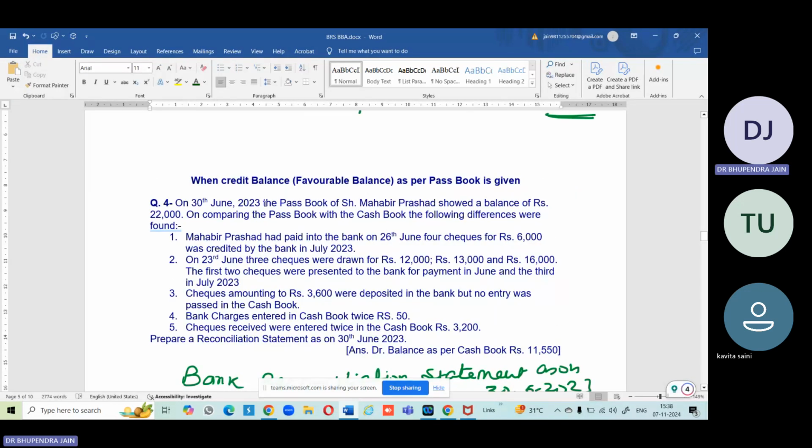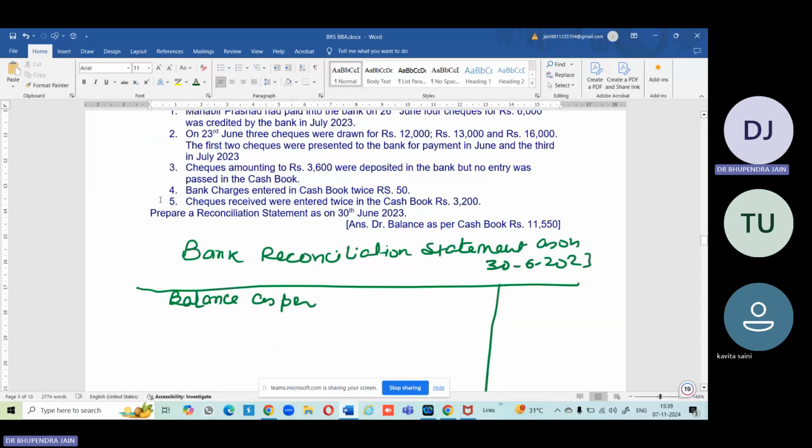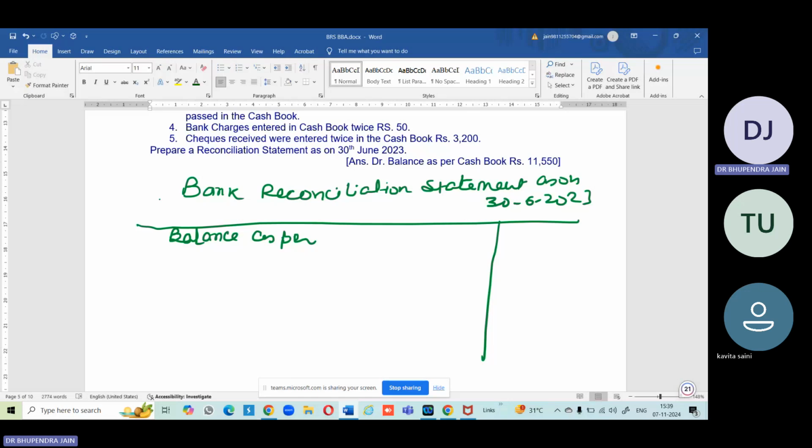On 30th June 2023, the passbook of Sri Mahavir Prasad shows a balance of rupees 22,000. So balance as per passbook. Now all the things we are considering in respect of the passbook.